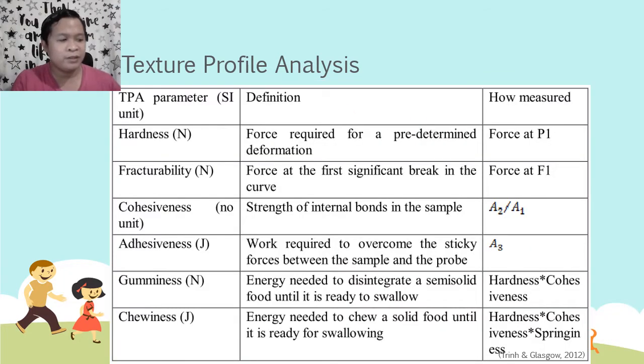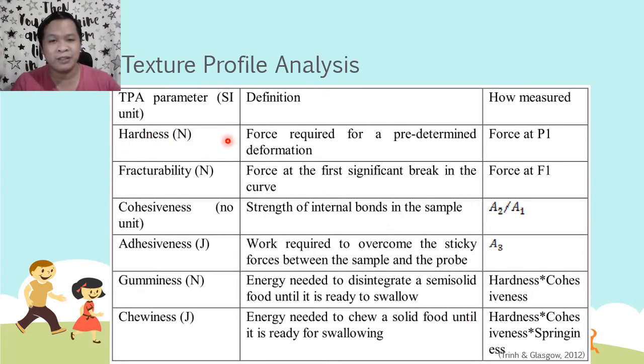So, if you happen to read a journal article on texture profile analysis, they usually use the following terms as you can see on this left hand side, and those are actually derived from the graph you saw on the previous slide, no, for example. So we'll just look at this.